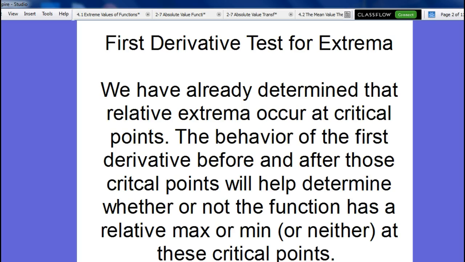If it is decreasing, then increasing, we know we have a relative min. In terms of our derivative, if it's increasing on the original, our derivative will be positive. If it's decreasing on the original, our derivative will be negative. So we're looking for this positive, negative, increase, decrease behavior around those zeros.